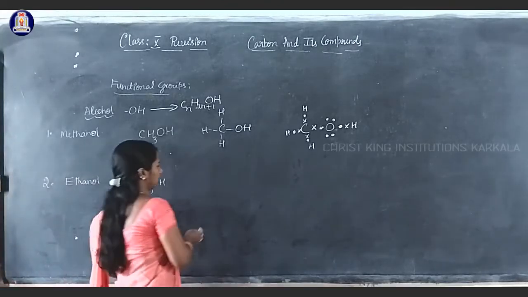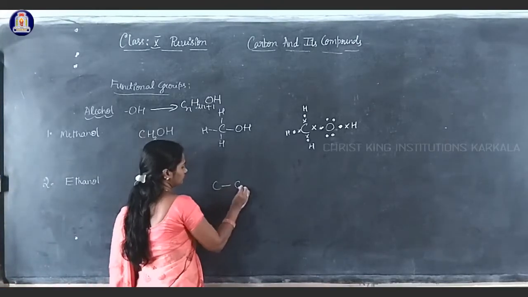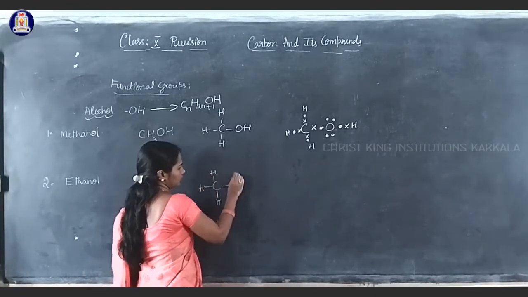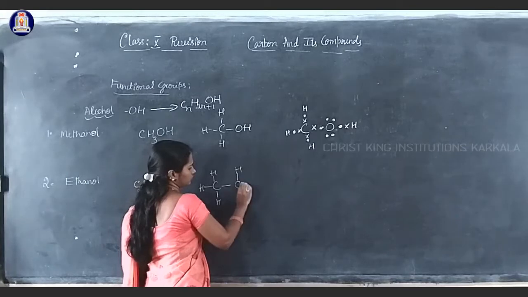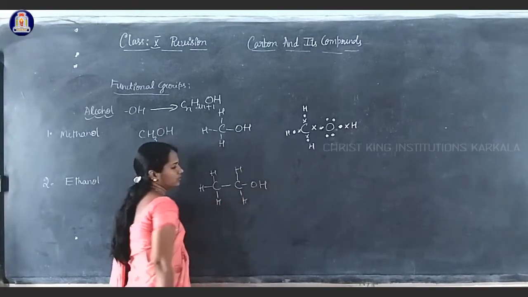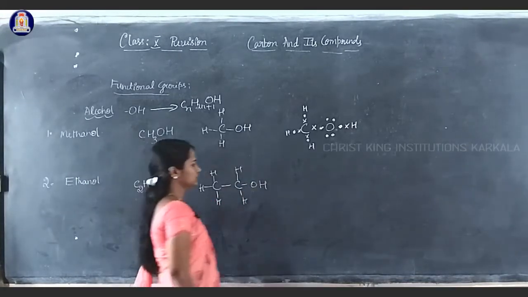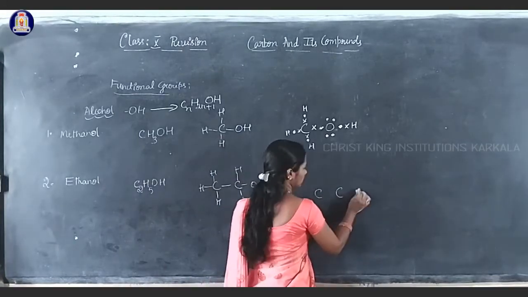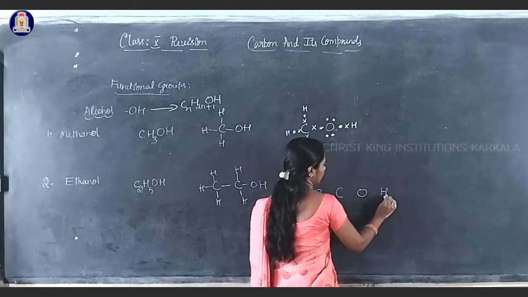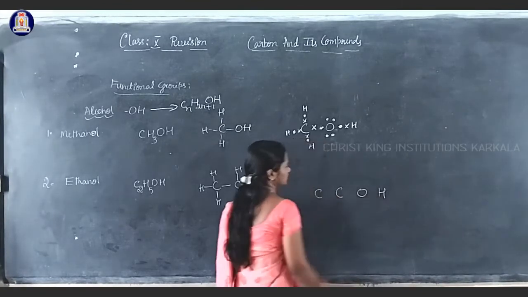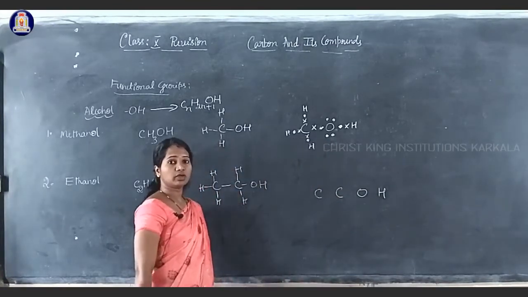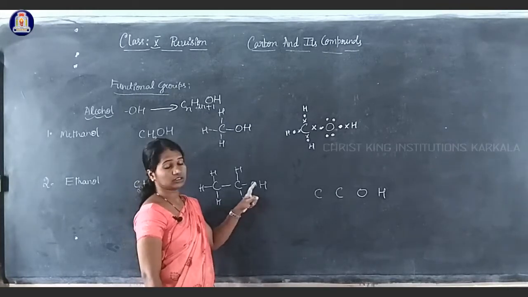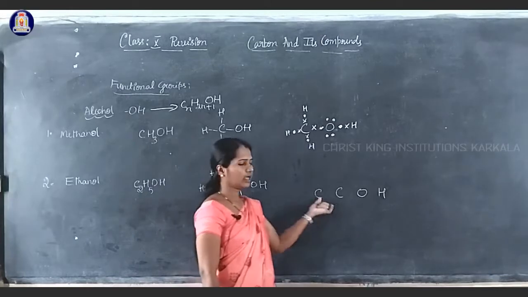The structure can be written with 2 carbon atoms. We'll write the electron dot structure. 2 carbon atoms, 1 oxygen, 1 hydrogen: C, C, O, H. Three elements, with 2 carbon atoms.